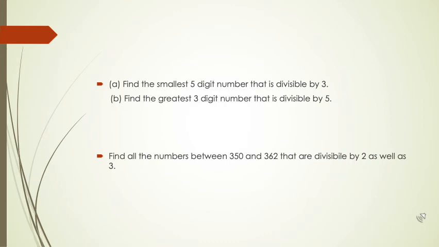This means the smallest 5-digit number divisible by 3 is 10,002.